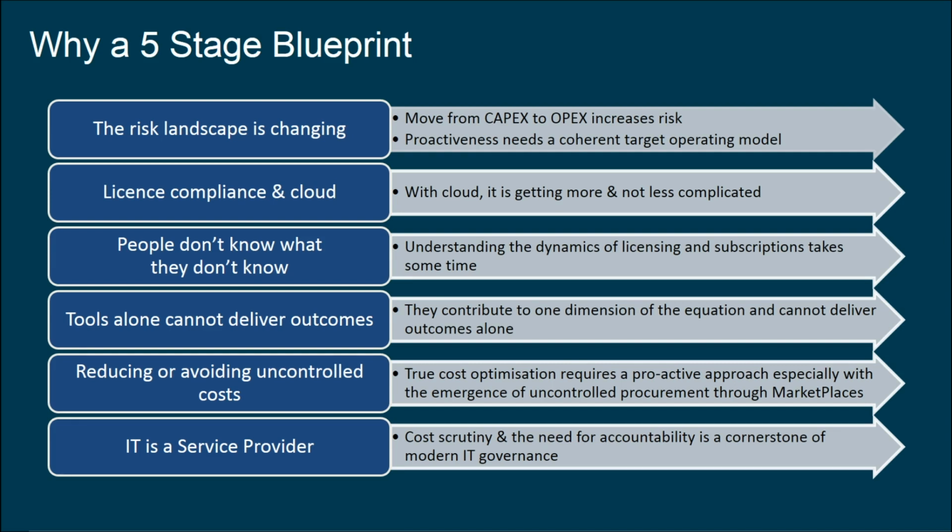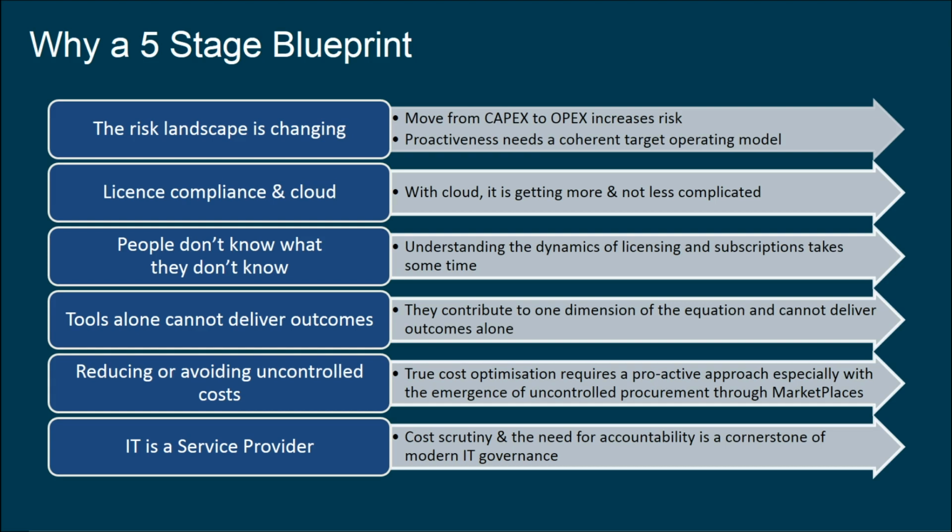So they contribute to one dimension of the equation and can't deliver the outcome. Importantly, they also require expertise and embedded process to drive the outcome of the data they provide.